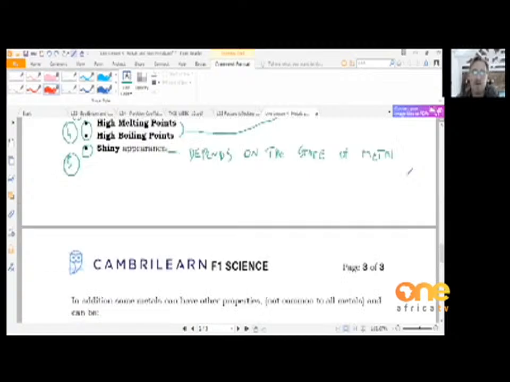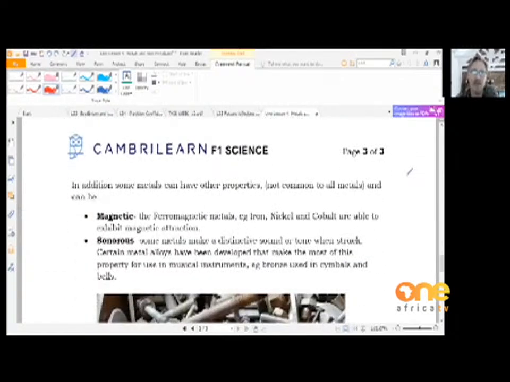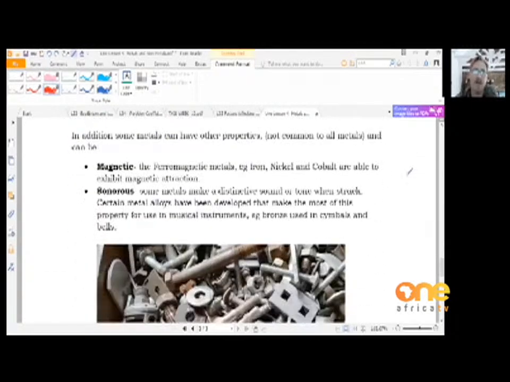Okay. So, other properties of metals that are not common to all metals: magnetism. The ferromagnetic metals, iron, and you guys should be getting familiar with the chemical symbols for each of the elements, nickel and cobalt are able to exhibit magnetic attraction. So if you make something out of iron, nickel, cobalt, or if you mix those metals together and form an alloy, you will have a material that can be magnetized.